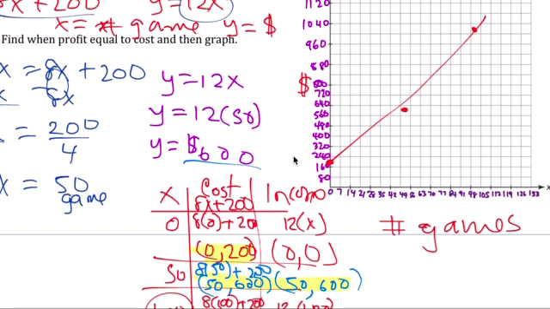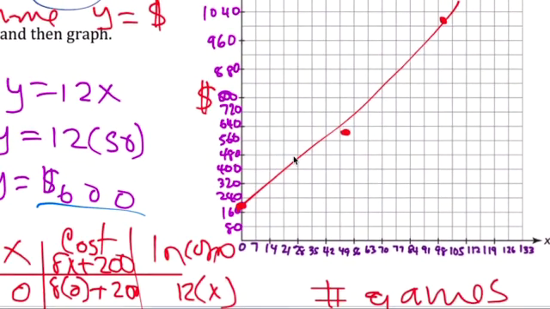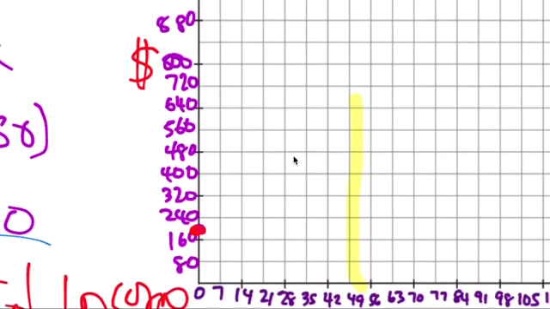Alrighty. All right. Just doesn't look right. 50, 600 is right there somewhere.